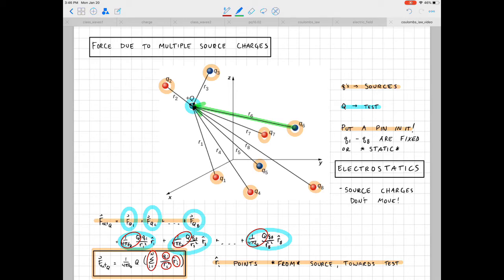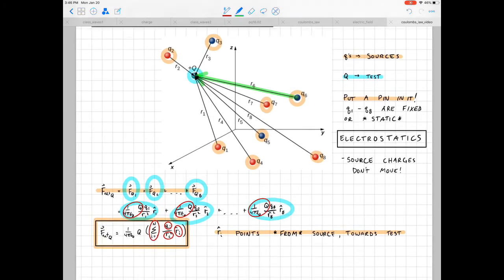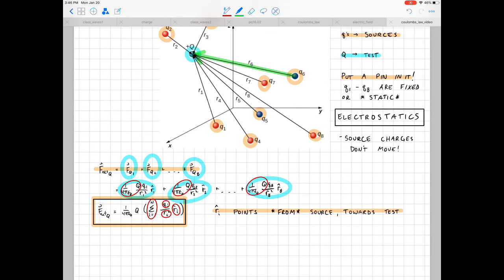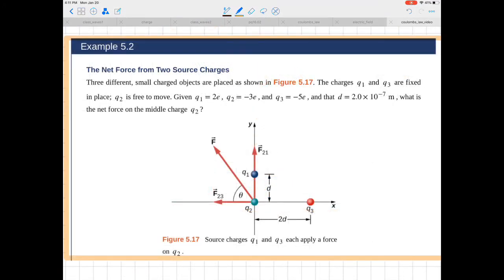And if we want to add up the net force, we have to add up each of these individual vectors to find the net or the total force. Okay, and the easiest way to demonstrate how to calculate the net force due to multiple source charges is to look at an example.